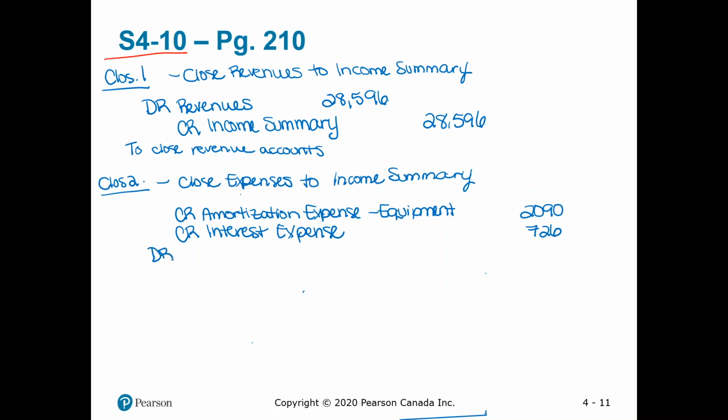Our offsetting debit is to income summary. We know debits always need to equal our credits. So if we add 2,090 plus 726, we get 2,816. So that's the amount that we debit to income summary, to close expense accounts.